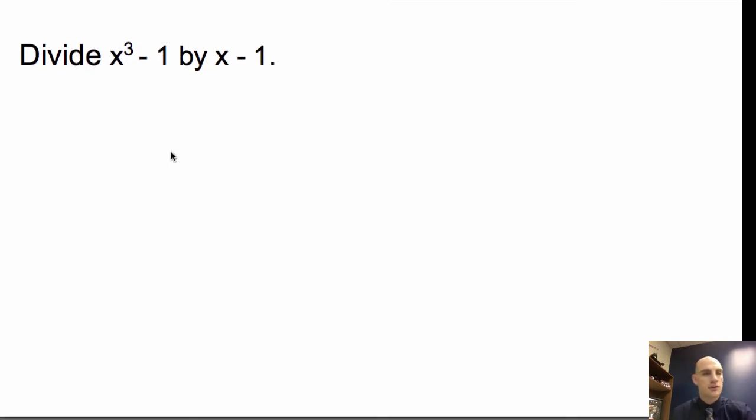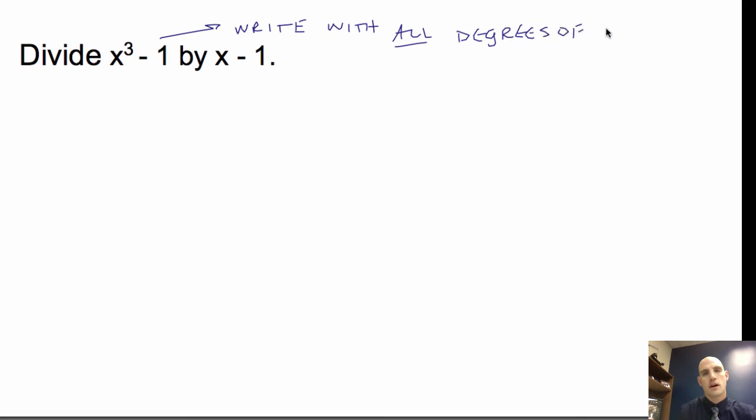In the last example, you notice that I had a bunch of terms. Now I've got fewer terms, and I need to make sure I'm writing this correctly. One of the keys to look out for is I need to write this with all degrees of terms.